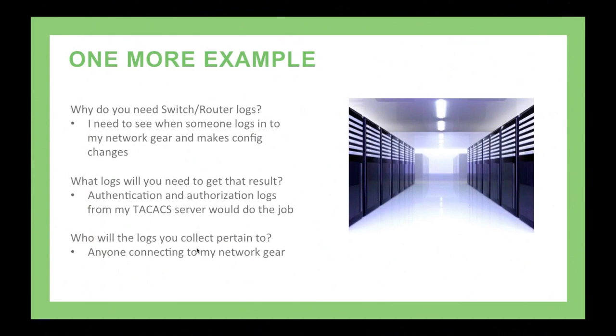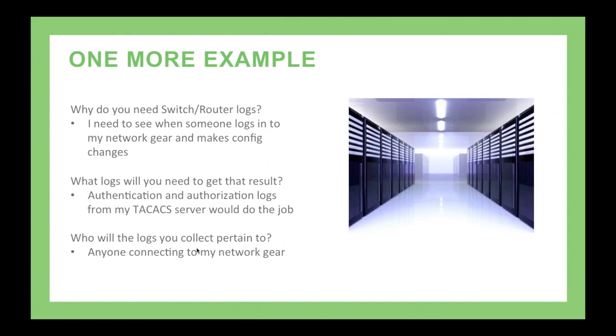Or you can configure AAA authentication directly on the router or switch itself, and then just focus on collecting those log messages, right? So instead of getting everything from the router, focus on those AAA authentication, authorization, and accounting type logs that are going to come from your network gear. And that's really going to help you get visibility into who's accessing the system, what changes they're making, things like that.